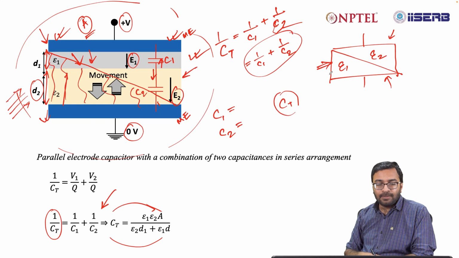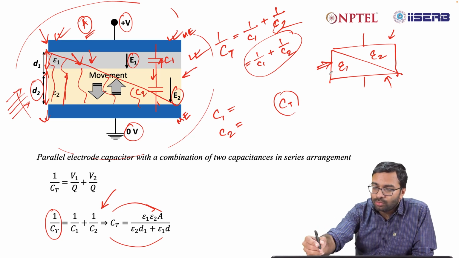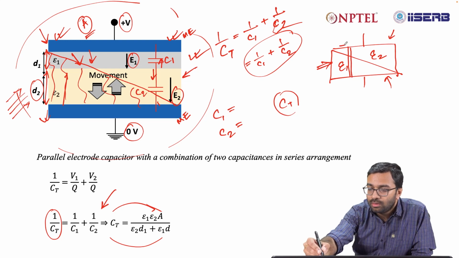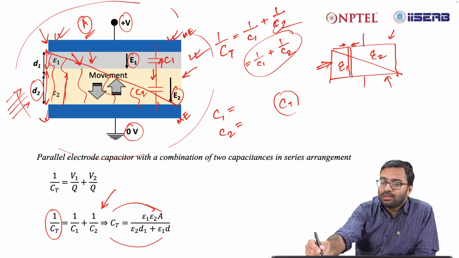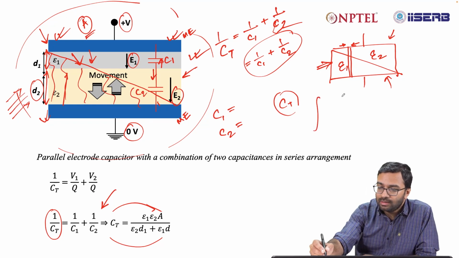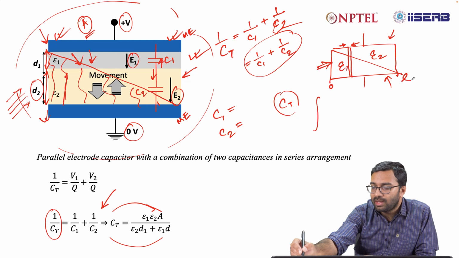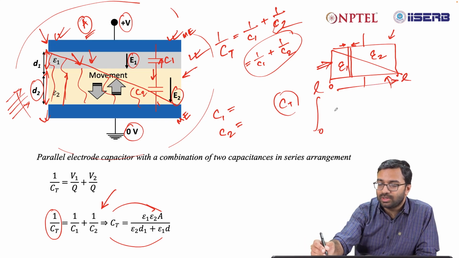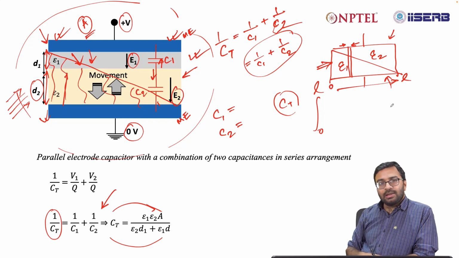In that case, what you have to do is take a very small cross section, and then start your calculation, and then you can integrate this from say 0 to L. If the length is L, from 0 to L, you have to integrate the expression, and then you will get the total capacitance value. So, if you try this at home, you will be able to figure it out. It is not very difficult.